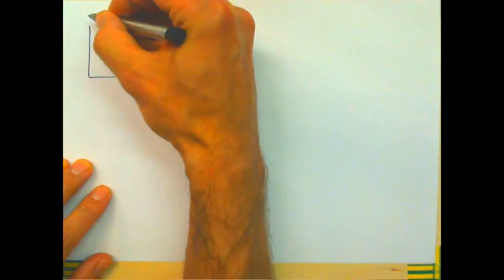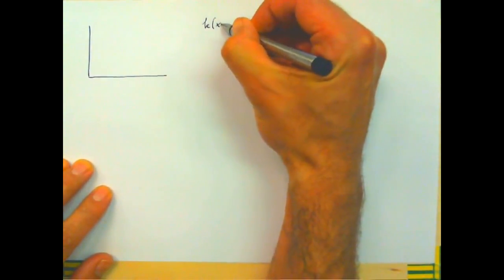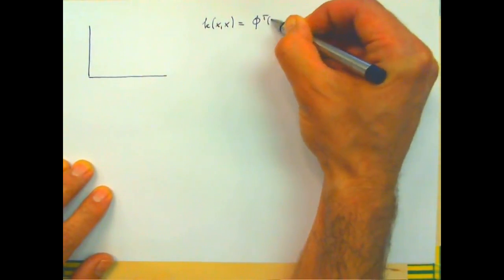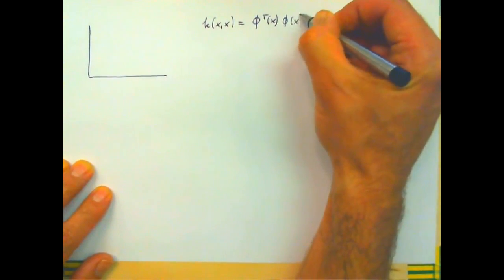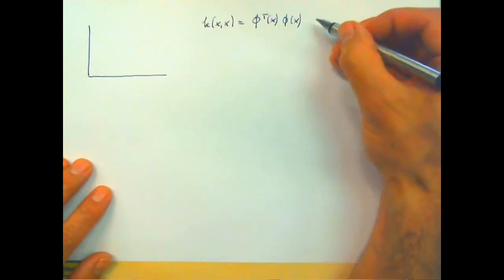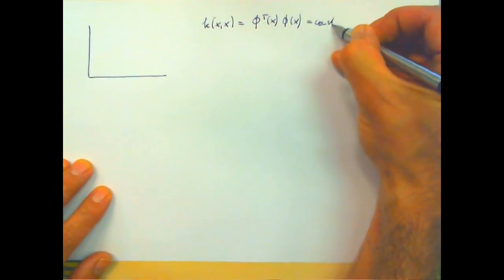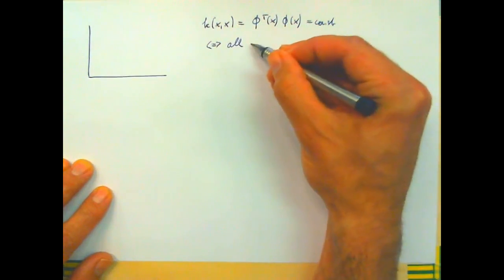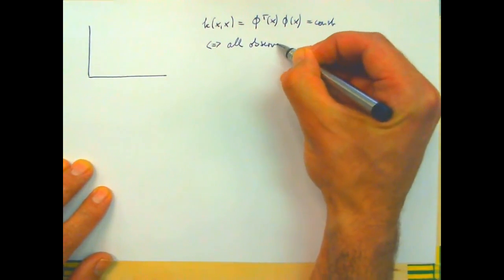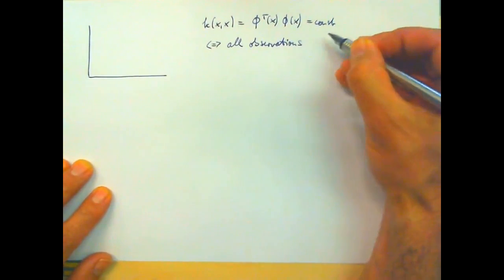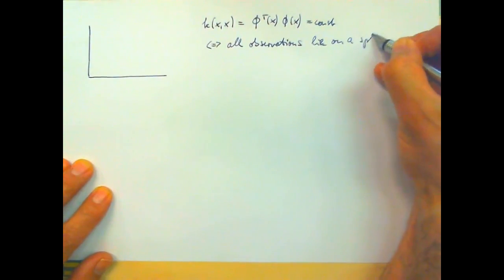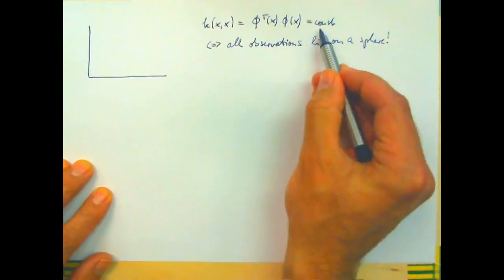If we have k of x, which is the inner product of phi with itself, and this is constant, this means that all observations in this high-dimensional space lie on a sphere with this radius here.